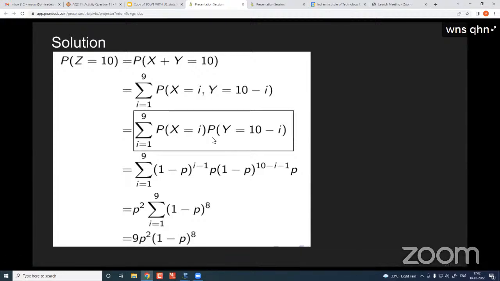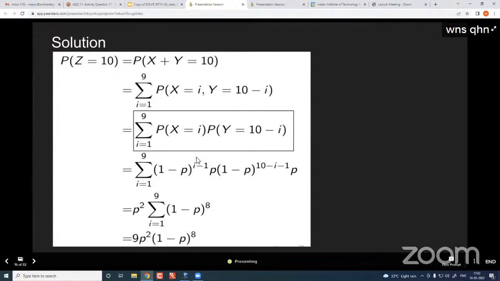It is P into (1 minus P) to the power I minus 1. And the probability that Y equals 10 minus I is P into (1 minus P) to the power 10 minus I minus 1. Is this step okay?